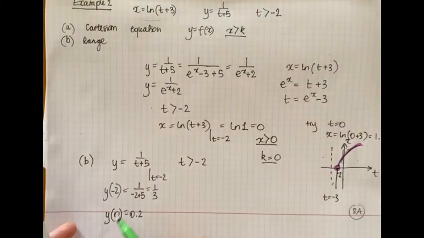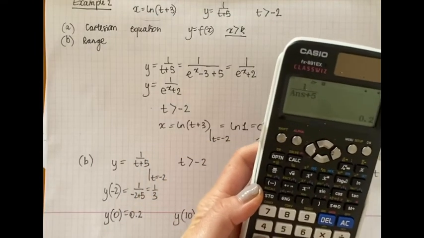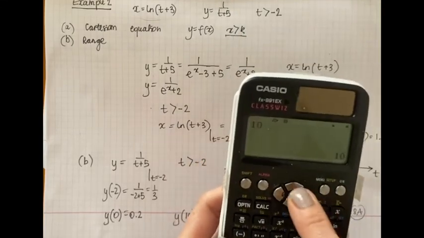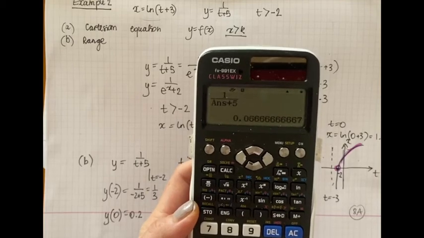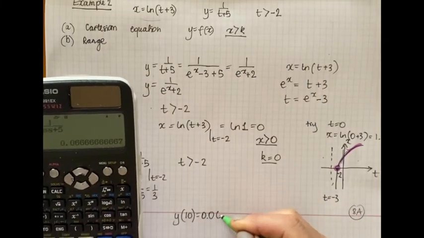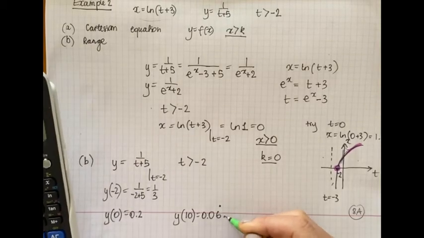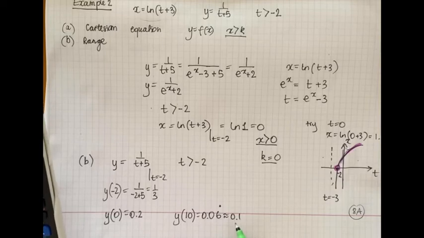Let's try an even bigger value of t. Maybe t is equal to 10. Why not? If you put in 10, you get 0.06 recurring, so about 0.1. So you can see it's getting smaller and smaller.